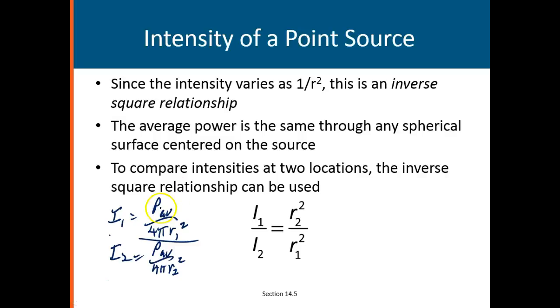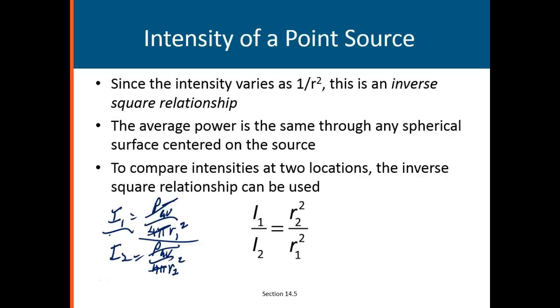The 4 pi are the same, so they divide away. And what do we have? The ratio of I1 to I2 is 1 over R1 squared over 1 over R2 squared, which when you flip the denominator is R2 squared over R1 squared.